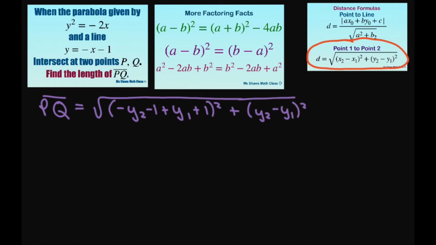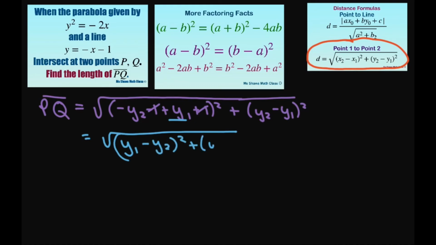Now what happens is the ones cancel out. So we're going to get this equals square root. If I put this first, y sub 1 minus y sub 2 squared plus y sub 2 minus y sub 1 squared. Now, that's why I put some of these factoring facts out.